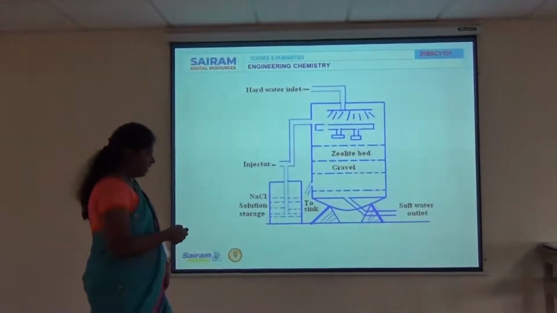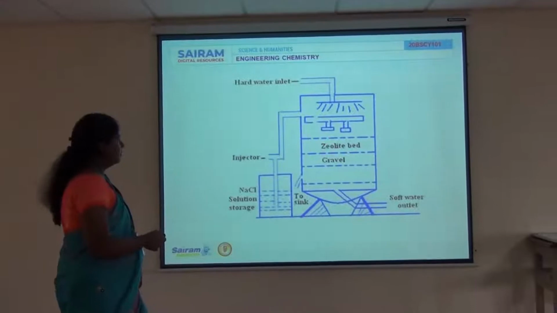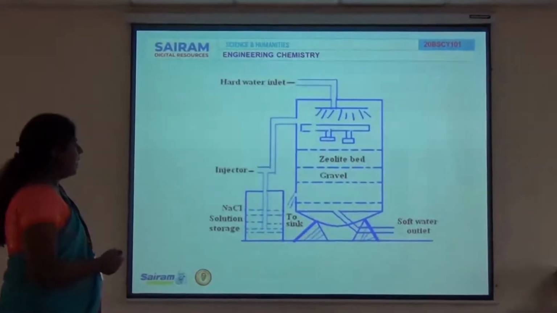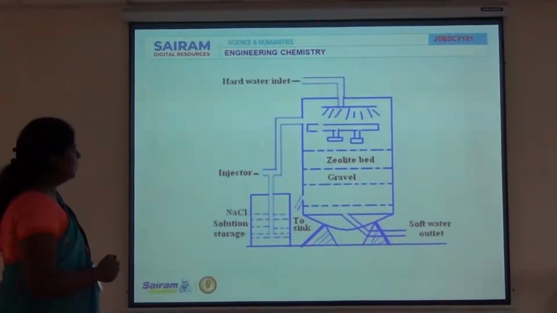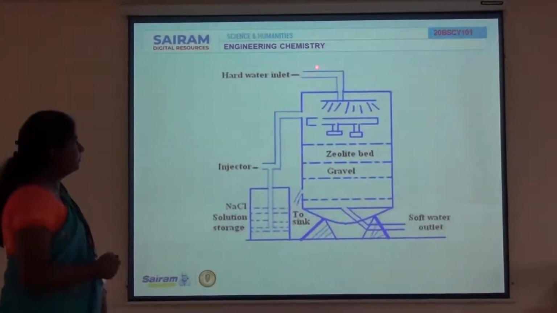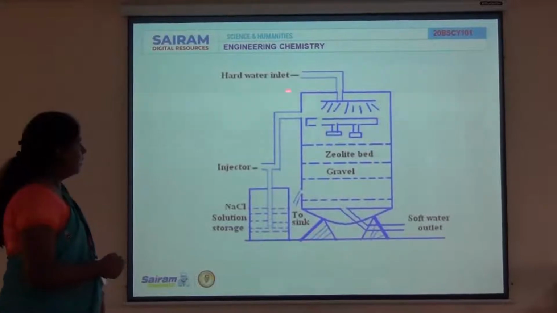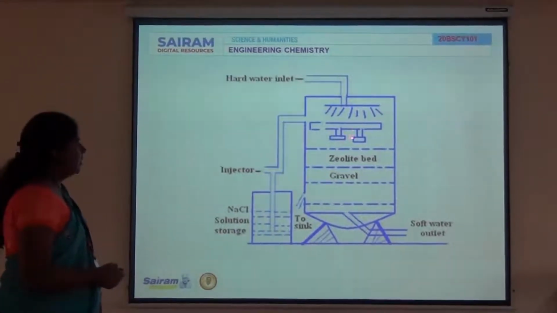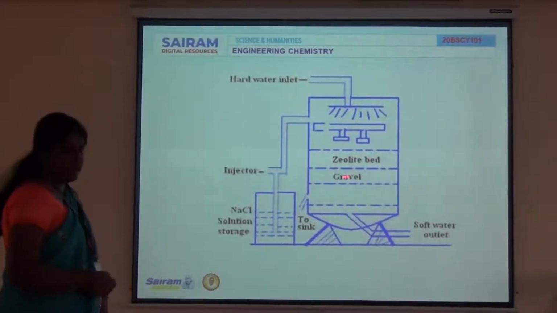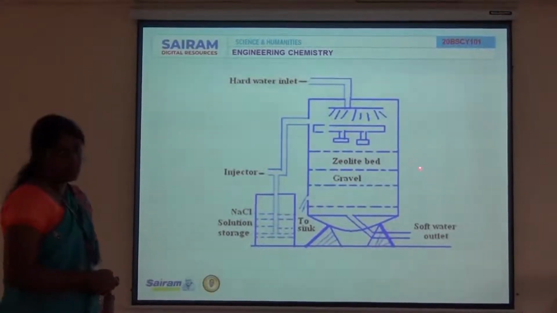So this is your zeolite method. This is your container, and it has an inlet and an outlet. Using this inlet you pour the hard water, and this hard water is passed through the zeolite bed, that is your sodium zeolite.